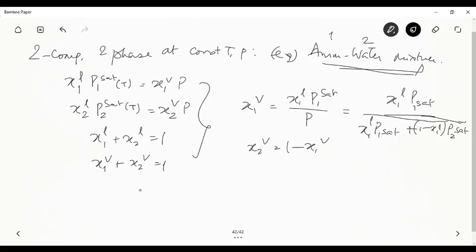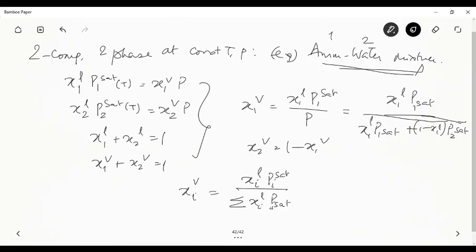So this is the expression, and generalizing it for a multi-component system, XIV is equal to XIL into PI sat divided by summation of XIL PI sat.